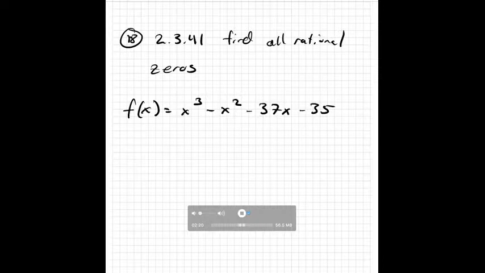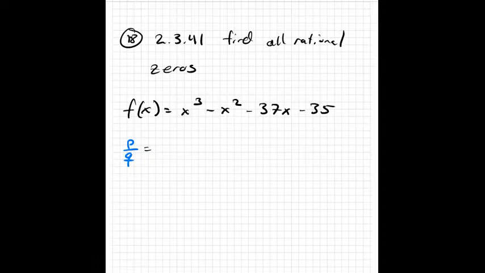Okay. So I think last time what we were doing, there were about 3 steps. There are still more steps that we could do. But we were doing the rational zero test denoted by p over q, right? The p comes from the factors of the constant term. So the factors of negative 35 are going to be plus or minus 1. There's no 2, but we can do what? 3?